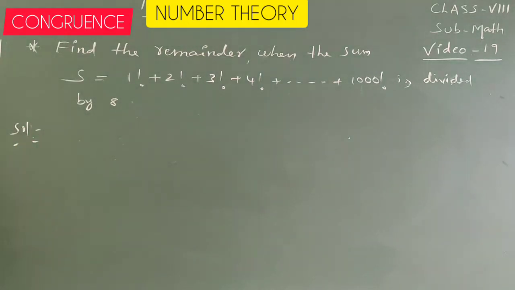Now find the remainder when the sum of 1 factorial, 2 factorial, 3 factorial, 4 factorial and so on up to 1000 factorial is divided by 8. Then find the remainder.